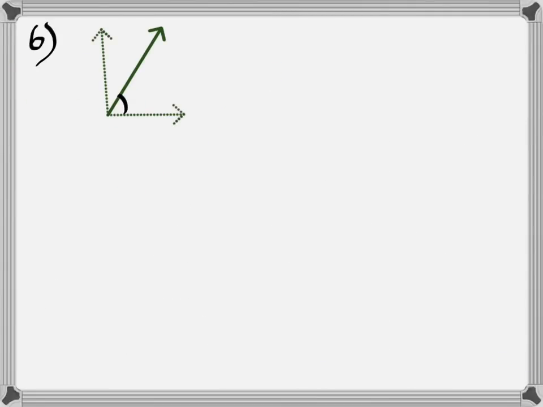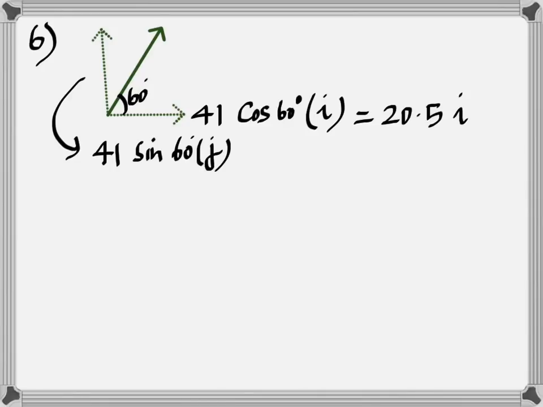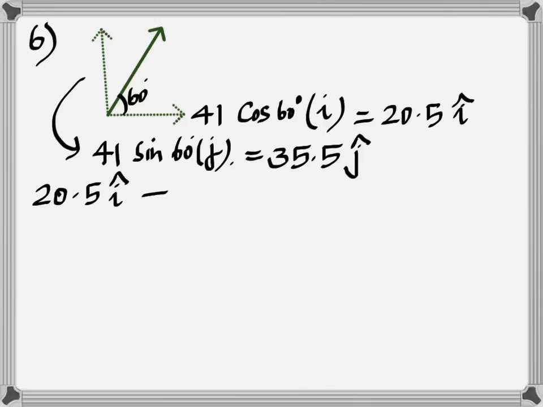In number 6, please change the question to north of east. Straightforward question. Just take the two components and put them together. That is the unit vector expression.